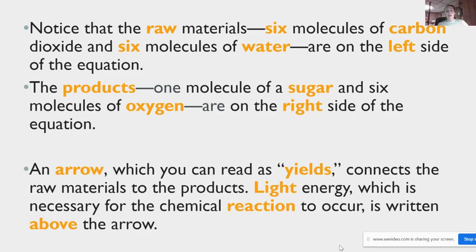That arrow we would read as yields or produces. It connects the raw materials to the products, and the light energy represents what's necessary to help the chemical reaction occur, usually written above the arrow. Other equations might have heat or cold, something that helps speed up the reaction.